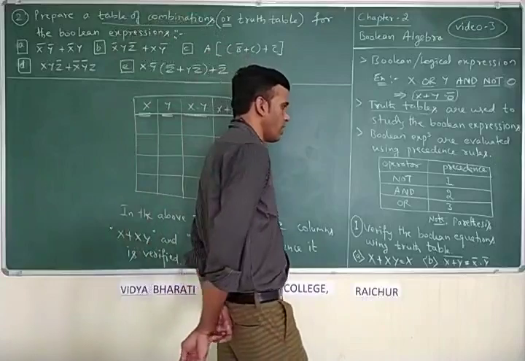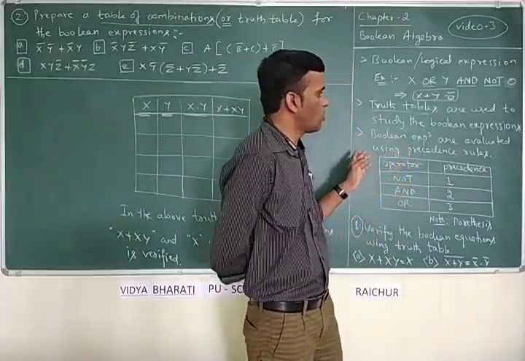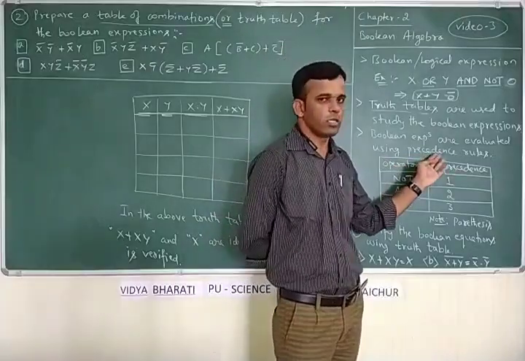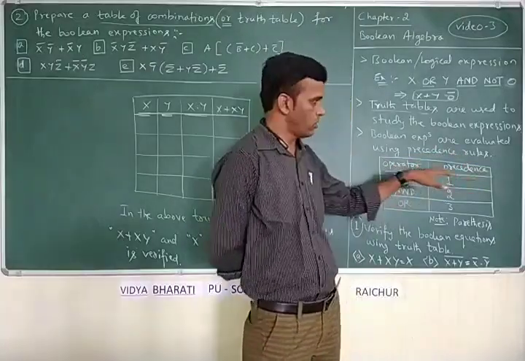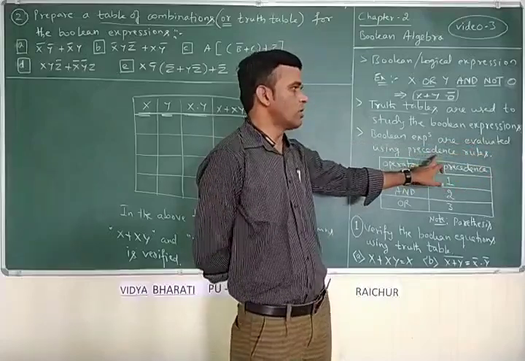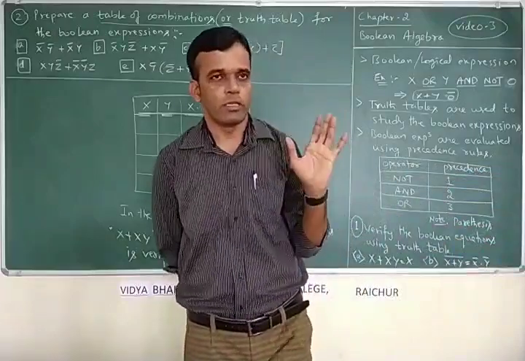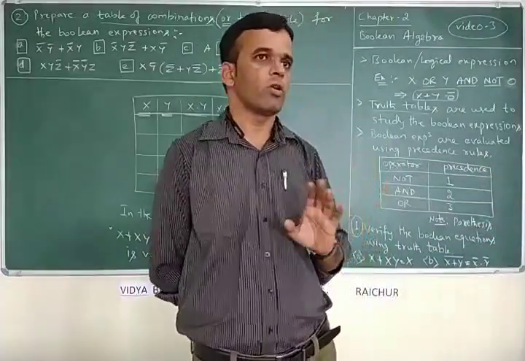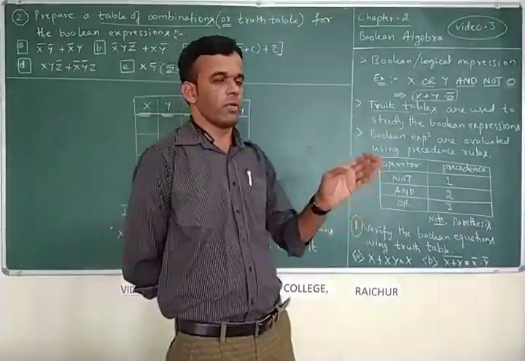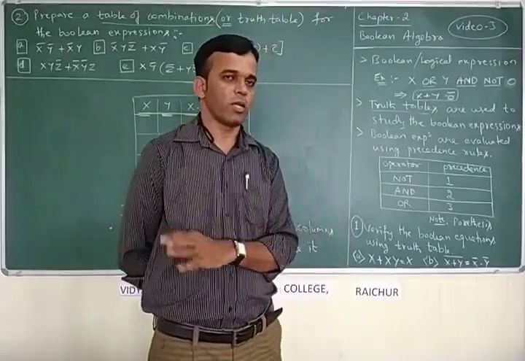At the time of evaluating the Boolean expressions, we have to follow the precedence rules. Boolean expressions are evaluated according to the precedence rules. Precedence means the priority: which operator gets first priority, which the second, which the third.